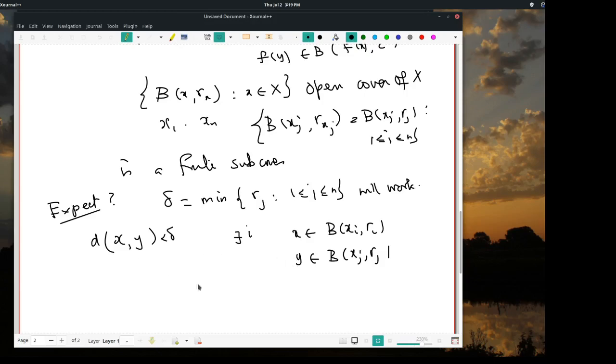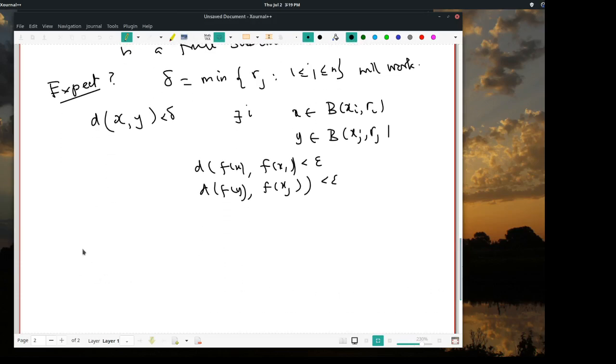And I know that d(f(x), f(xi)) will be less than epsilon, and similarly the distance between f(y) and f(xj) will be less than epsilon, but that will not tell me how to connect the distance between f(x) and f(y).